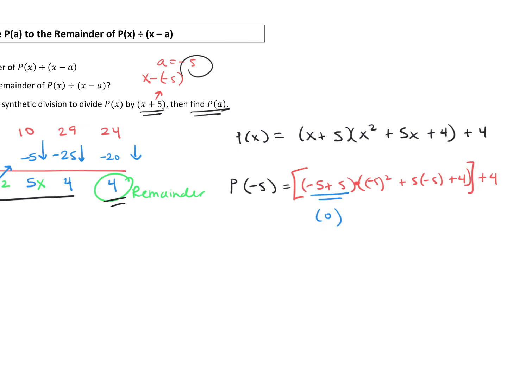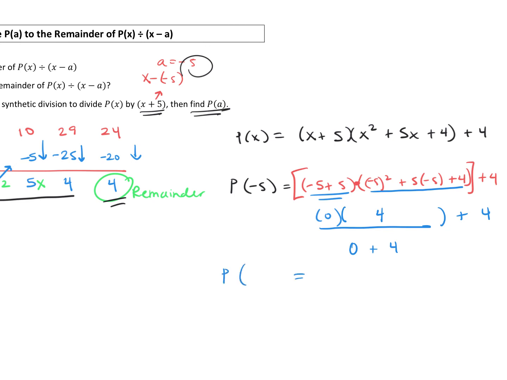And then 0 times, I mean, we can do the math if you want, but I don't even care what's in here. I'll just tell you, if you simplify all that, you get 25 minus 25 plus 4, which is 4. And then we have that plus 4 on the end, because 0 times anything is going to give us 0, and then plus 4.